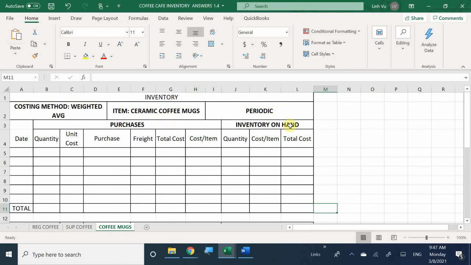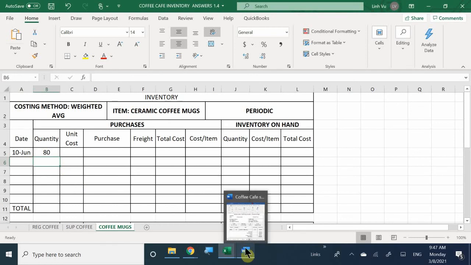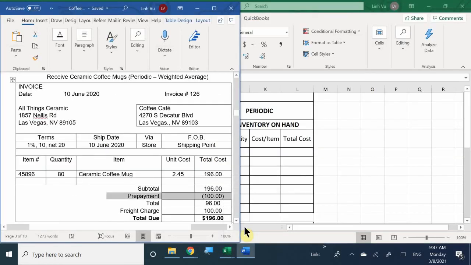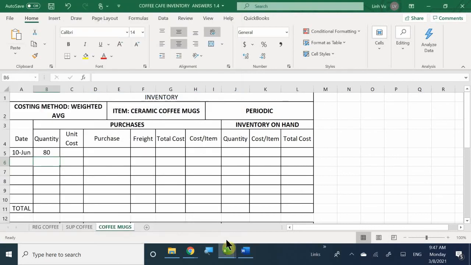Okay, so here let's go ahead and enter the information that we saw in the scenario. On June 10th, we bought a total of 80 coffee mugs. What per unit was my coffee mugs? $2.45.